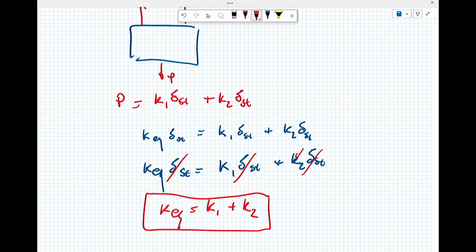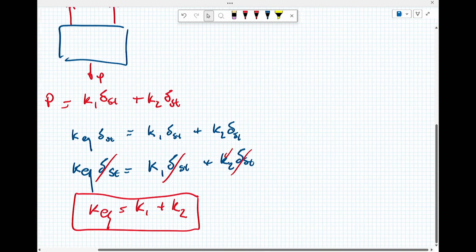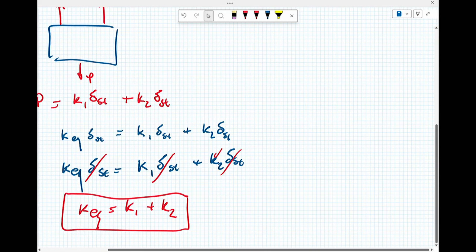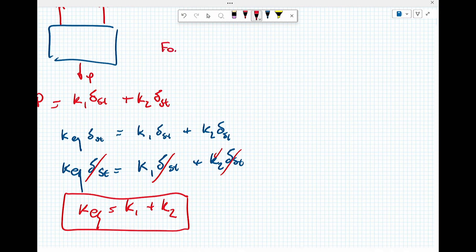You're going to go through a lot of different cases looking at parallel and series cases. But the force in the springs has to be the same.